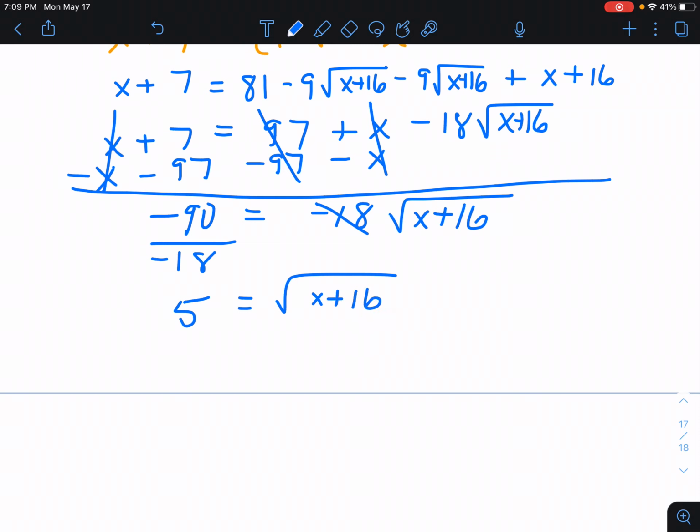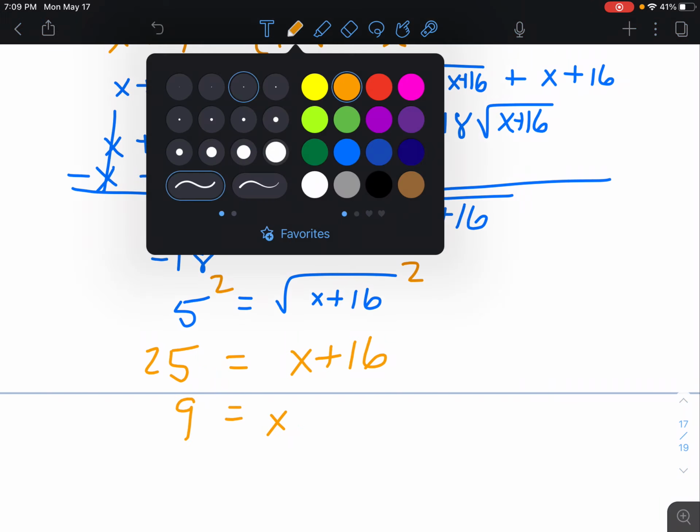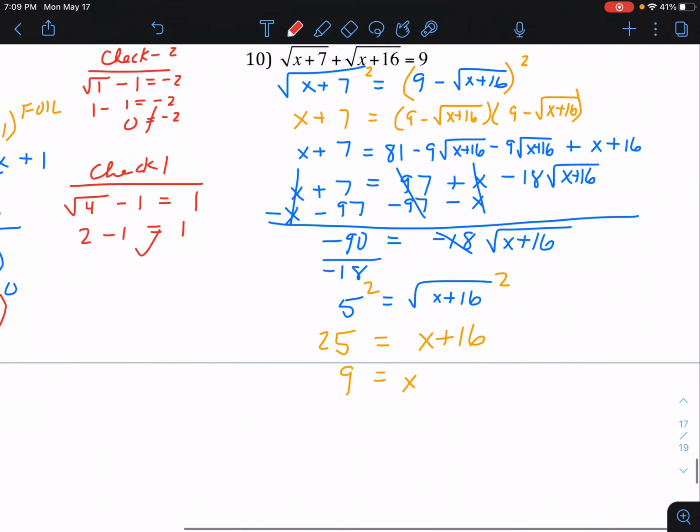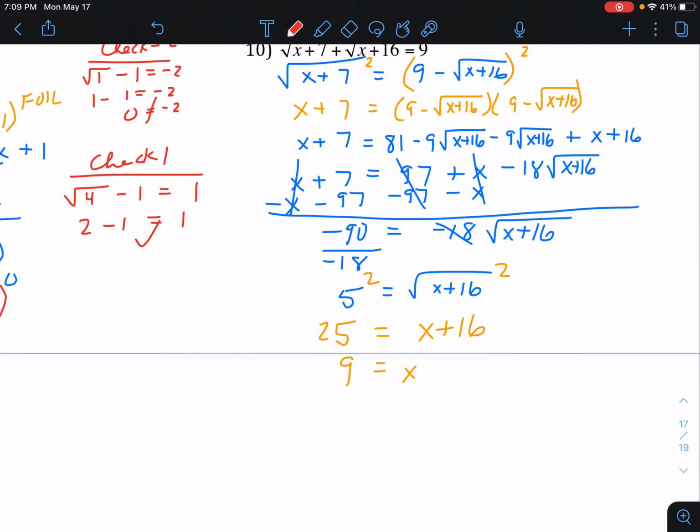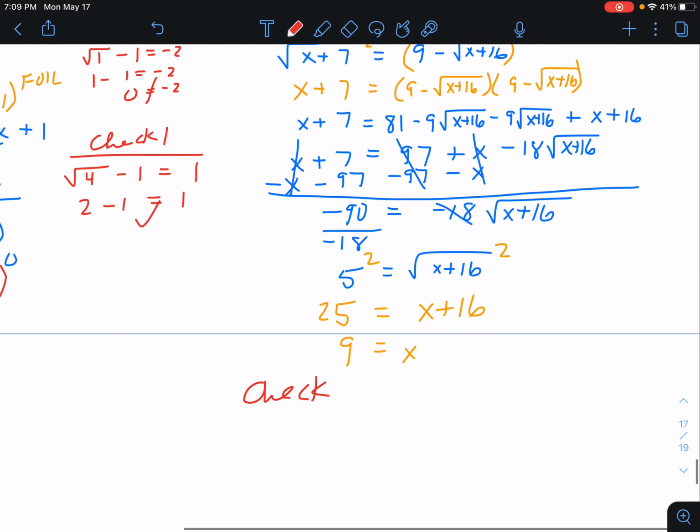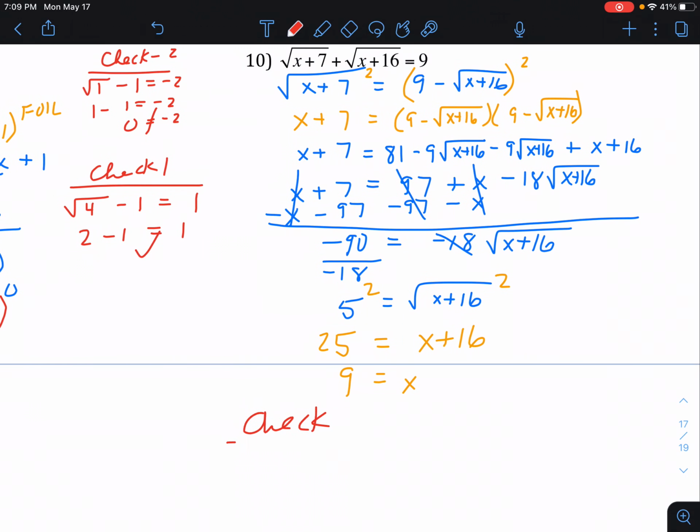And then now, finally, we're down to one radical by itself on the left. Now we can square both sides, get rid of the radical, and 5 squared is 25. And then subtract 16 to have x is 9. But of course, we are going to check this. Luckily, I have another blank page here.